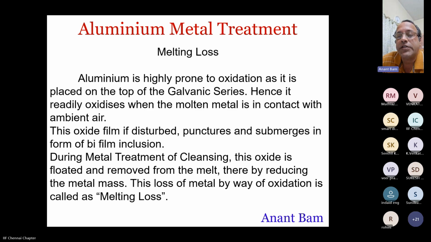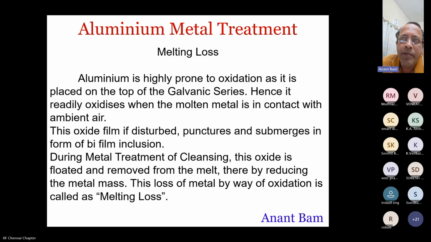Melting loss is a cost element because aluminum is very prone to oxidation as it is very high in the galvanic series and it readily oxidizes. When the molten metal is in contact with ambient air, that oxide film once formed is actually impermeable and it remains steady.